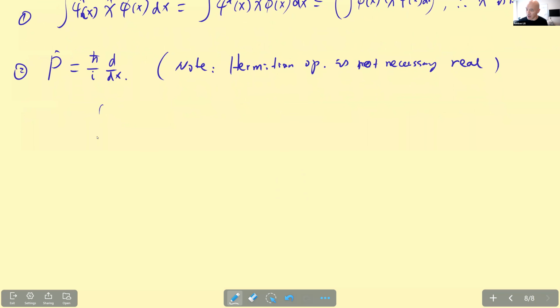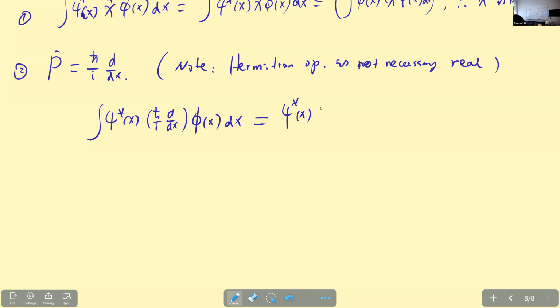But now we can prove that if you have psi star x h bar over i d over dx and phi x dx. And now we can use the integration by part. This can be written as psi x times h bar over i and phi x. Do this one, right? And then minus, you know, h bar over i d over dx and the psi star x.